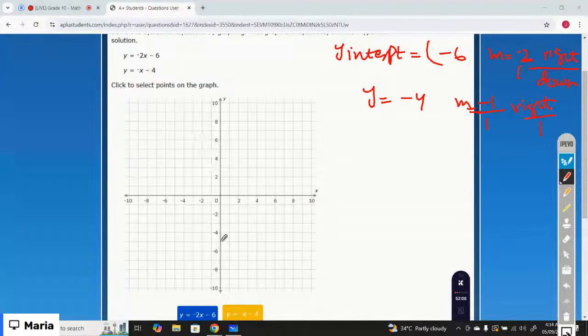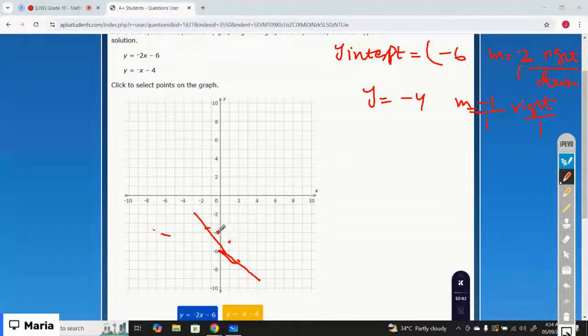So y equals negative 6, then move down 2 and right 1. Let's just make a line. Okay, for the second one, y equals negative 4, then you have right and down.